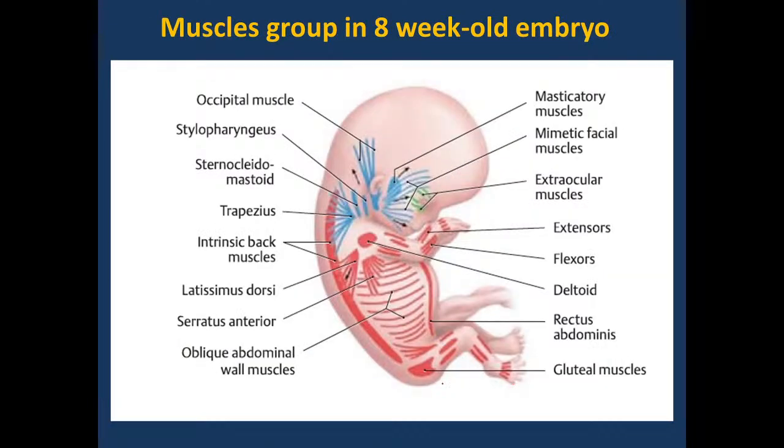And then you see how different groups of muscles were formed from different parts of ventral myotomes. You see different muscles. That is an 8-week-old embryo, and all groups of muscles, mostly in the upper limb, but they also are visible in the lower limb.